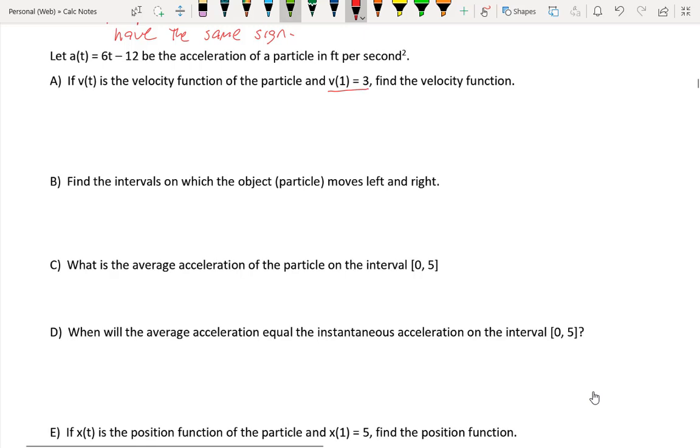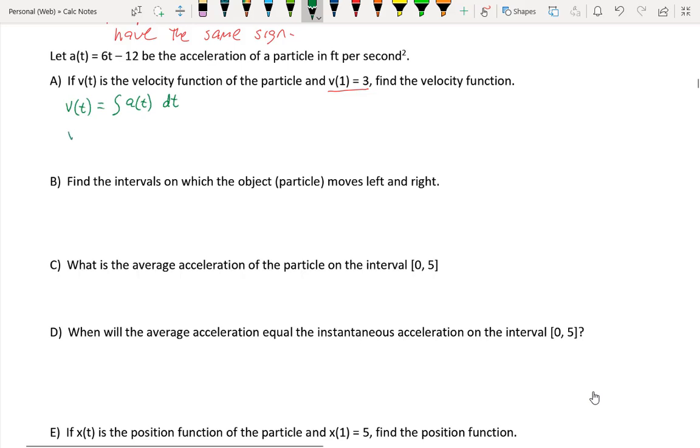It says find the velocity function, okay? So we're going to start out by doing that, finding the velocity function. So when they're doing this, what v of t actually equals, again, is the integral of a of t dt. All right?